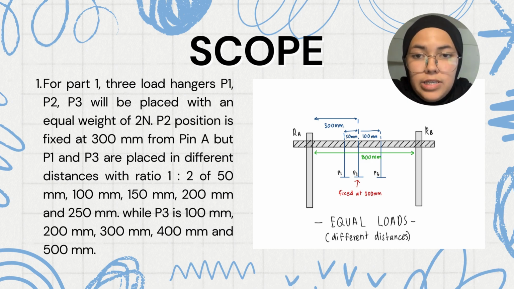P1 will be 50, 100, 150, 200, and 250 millimeters from P2, and P3 is 100, 200, 300, 400, and 500 millimeters from P2. So P2 will be the constant load hanger in this part.